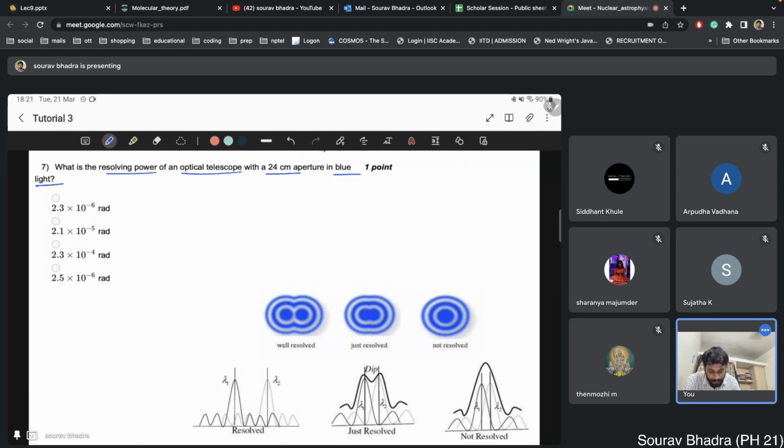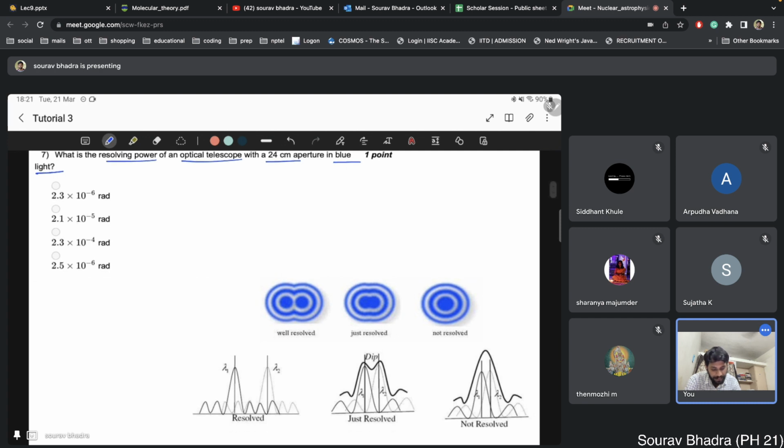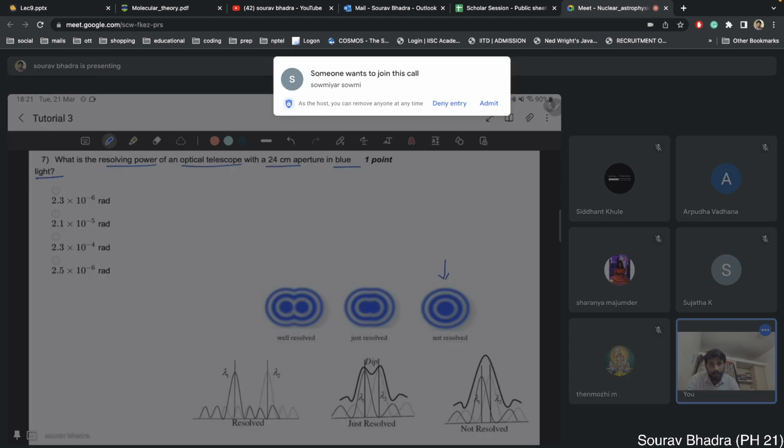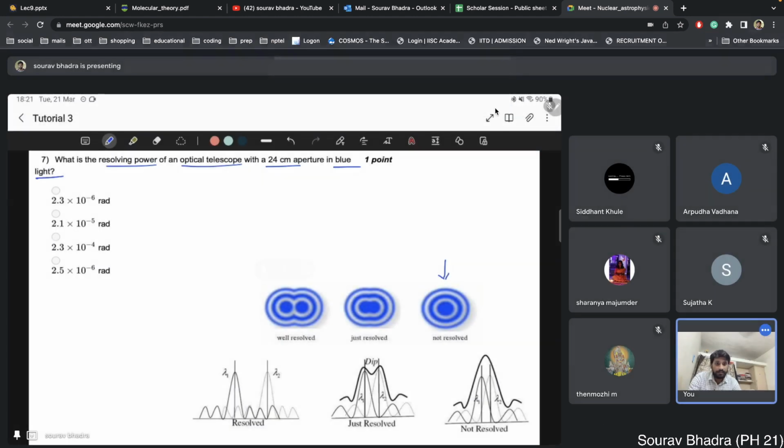There is a famous criterion which tells you what the resolving power of a particular observational instrument, such as a telescope, can be. The main point is, when you are looking at something at a very far distance, at the sky, it can be viewed like this.